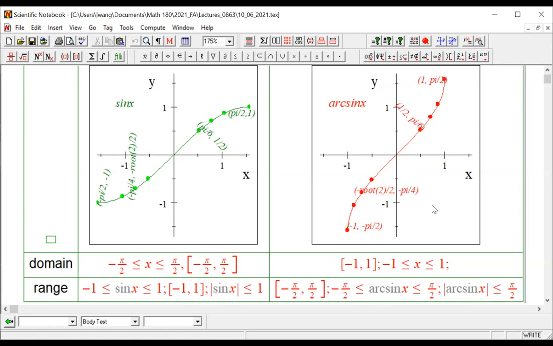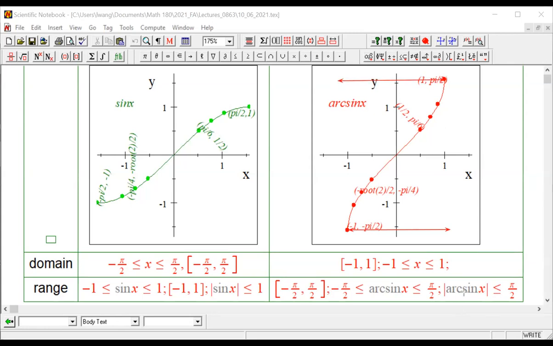What does it mean? It just means that in this inverse function, the domain is the horizontal span. The picture horizontally spans between -1 to +1. The picture is in this box.